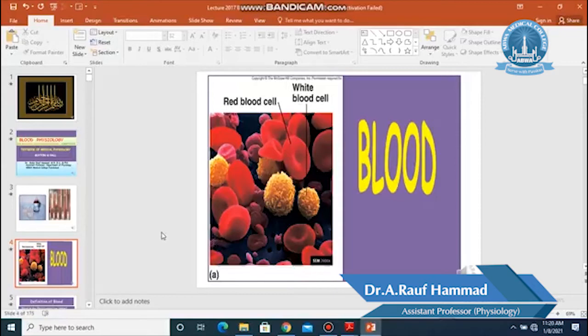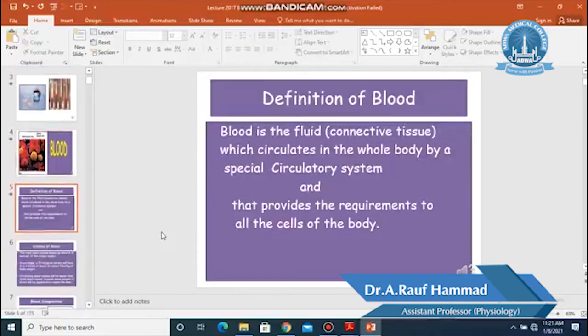What comes into the mind when we say blood? If we have to define the blood, how can we say? You think about it. Blood is the fluid.